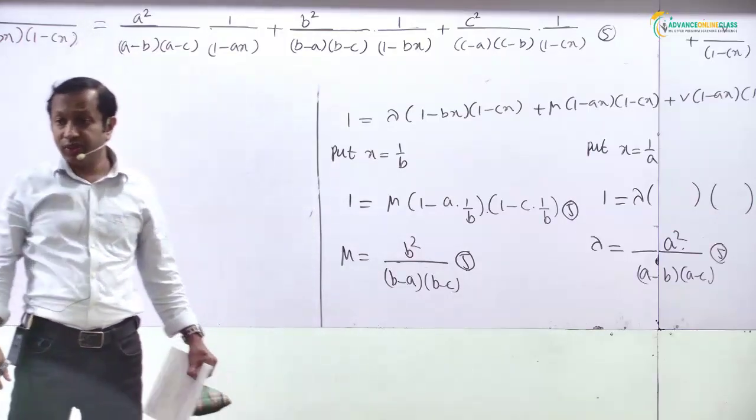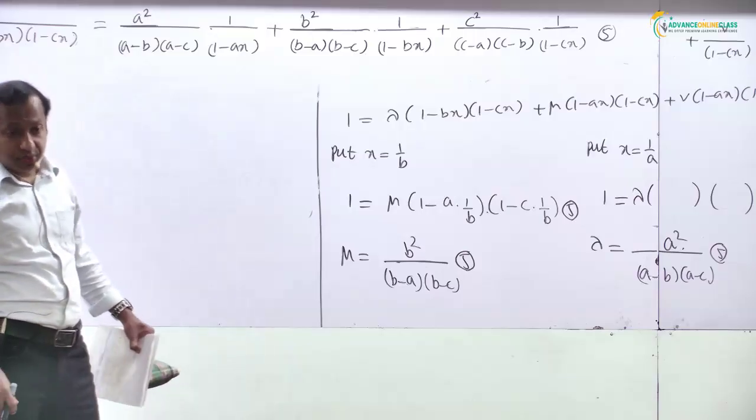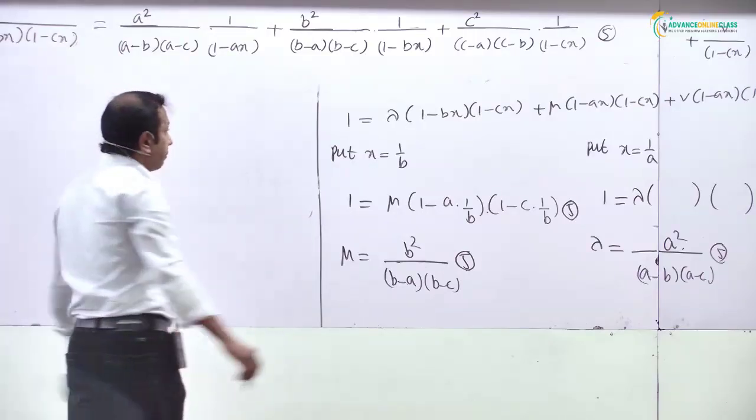And then we put any value for x. The best value to put in this case to take the answer is x equals 0. Put x equals 0 on both sides.